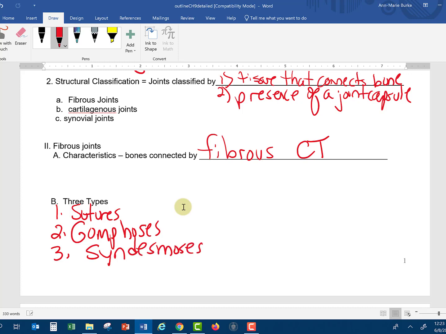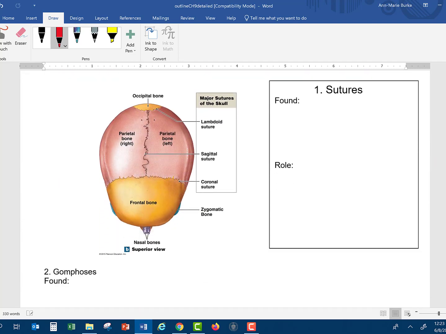Again, a fibrous joint is when the bones are connected by fibrous connective tissue. There is no joint capsule. So let's take a look at the fibrous joints here. We said there are three types.